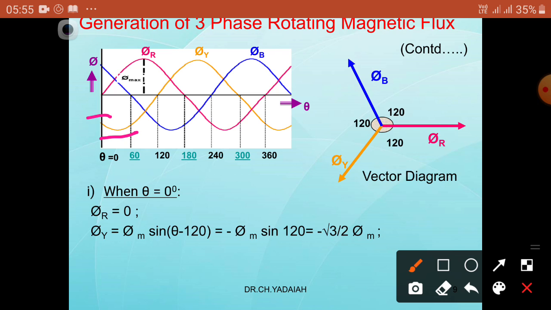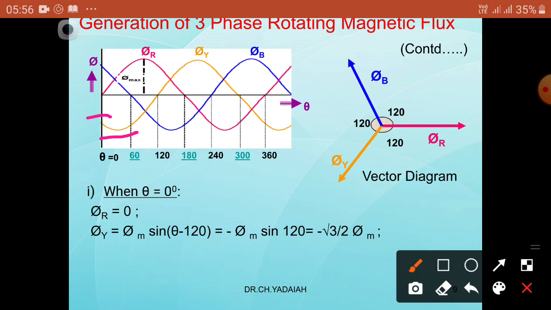Only 86 percent at that instant. That is root 3 by 2, about 0.86. So at 0 degrees, it is producing nearly 86 percent of the flux that it produces at its own maximum.